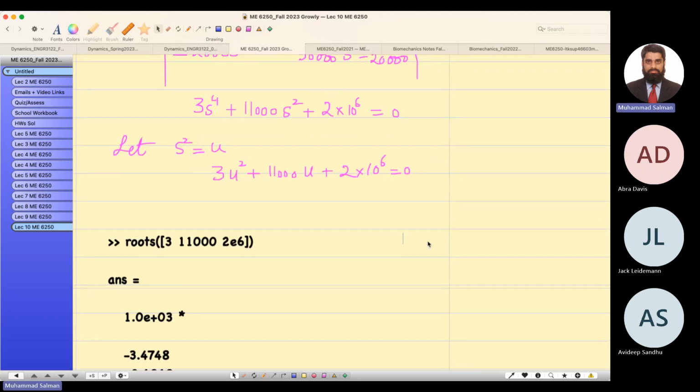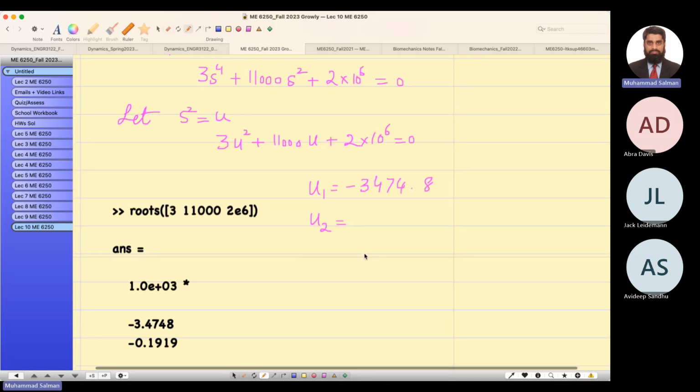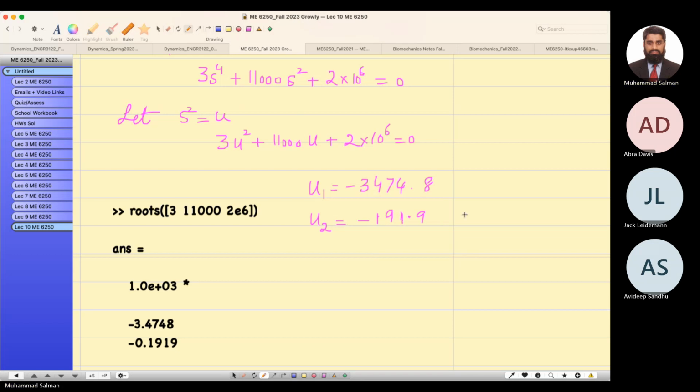So what is U1? So U1 equals -3474.8. And U2 is -191.9. Do you agree with your professor?